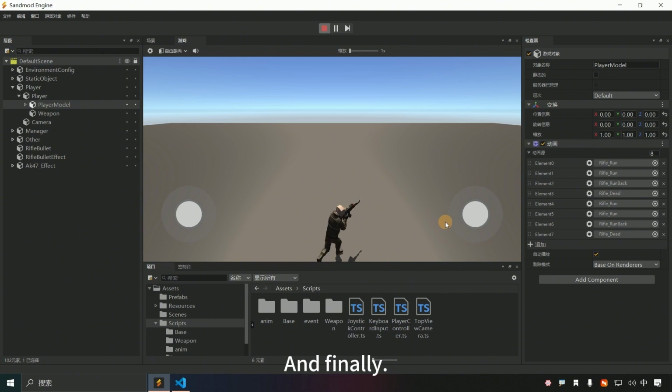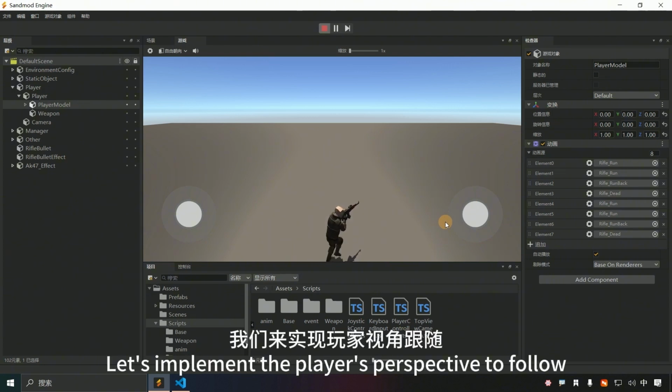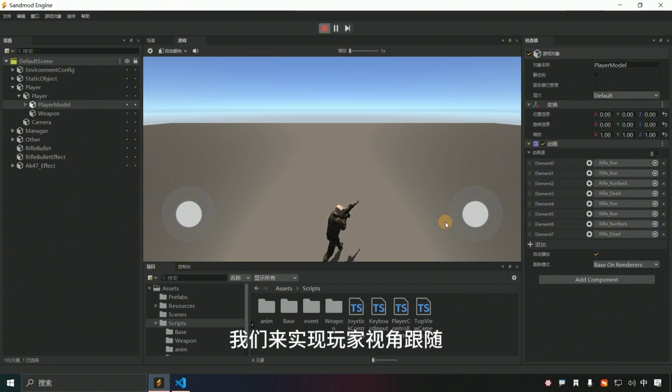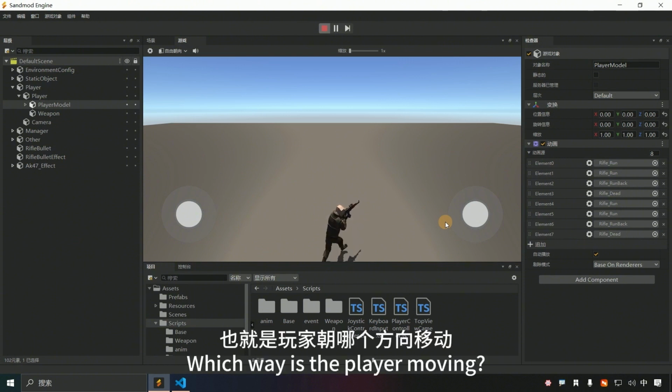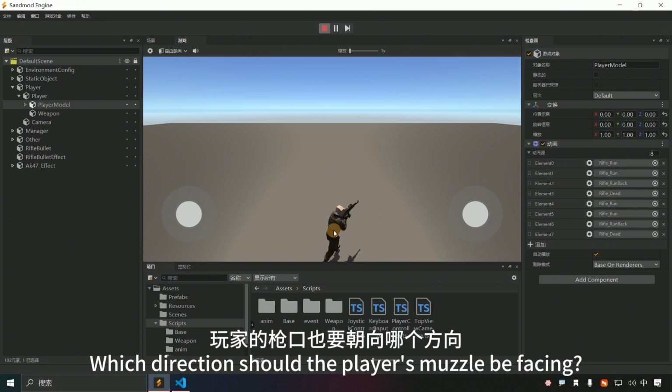And finally, let's implement the player's perspective following. Which way is the player moving? Which direction should the player's muzzle be facing?